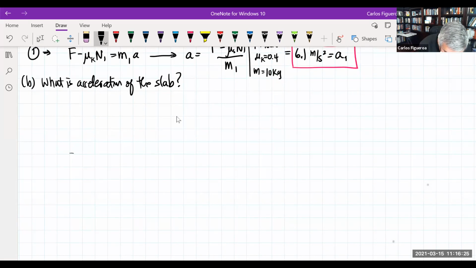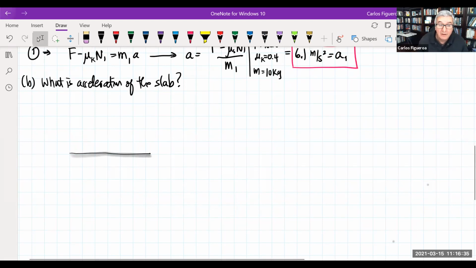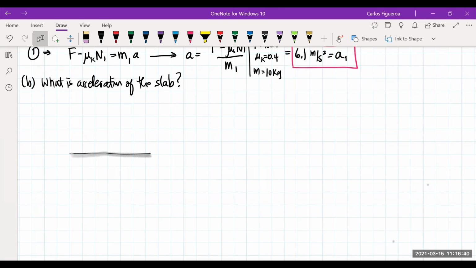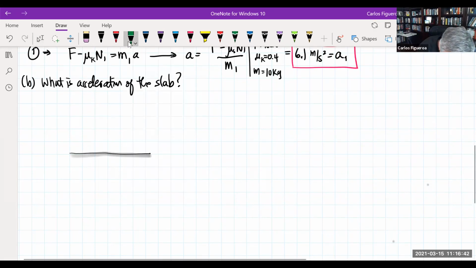For starters, we have a surface, and we know that this surface is frictionless. Now I have my block, and when I'm thinking about my block, I'm going to think about this guy. So here's my slab.